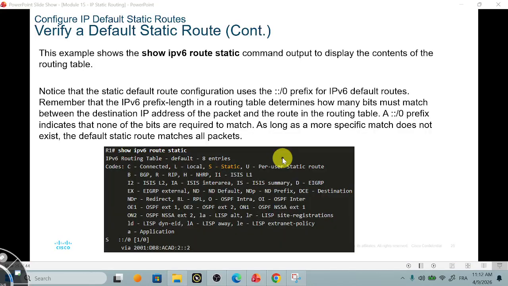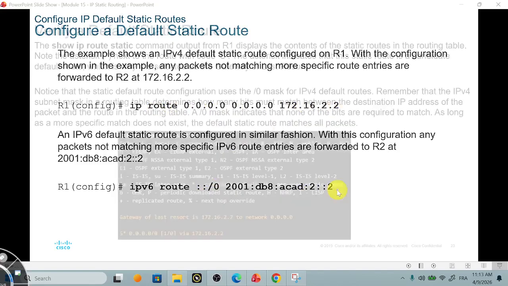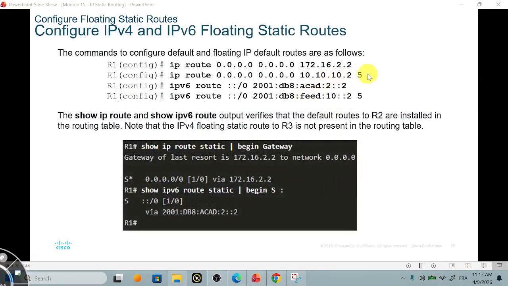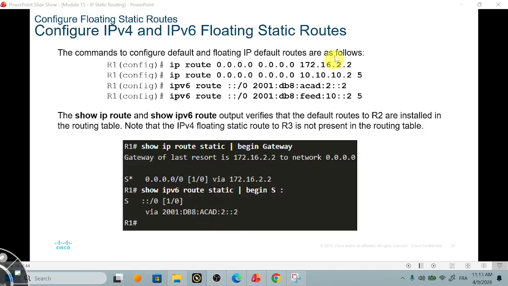Look: ip route, you see everything the same except that you add here 5 for the floating one. And if you check the administrative distance for this one, it's 1.